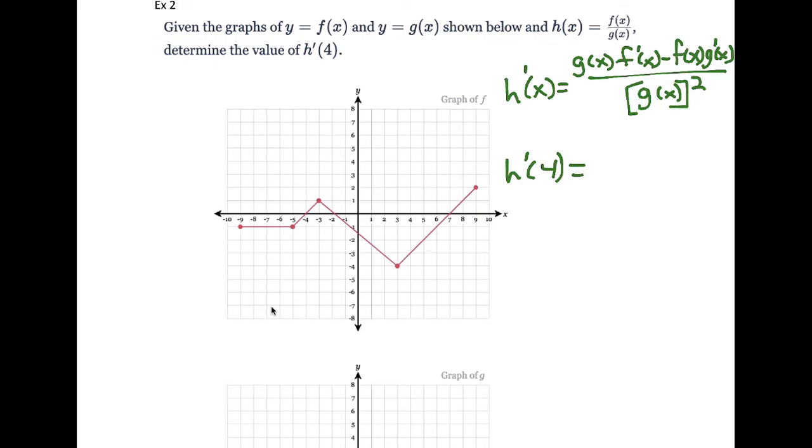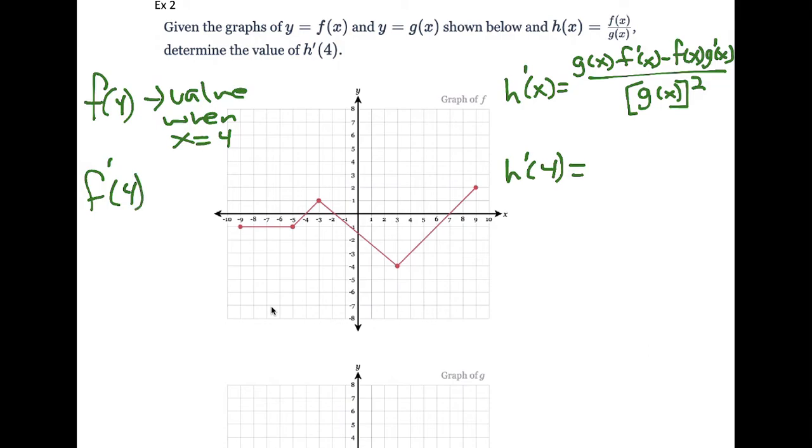But let's talk about this. Remember that f of 4 is just the value of the graph. F prime of 4 is the slope when x equals 4.